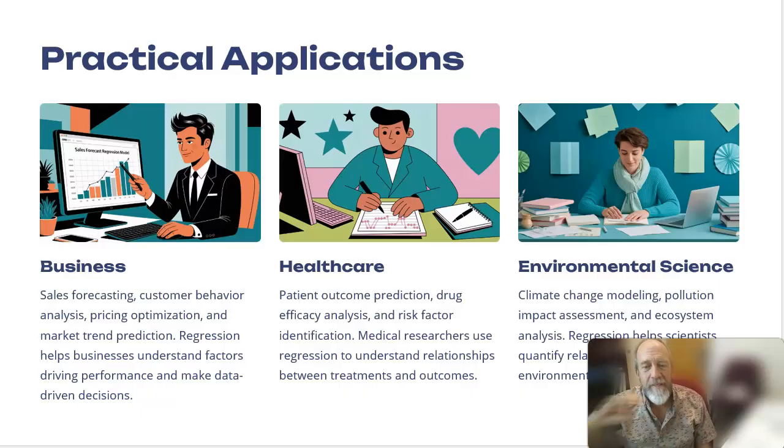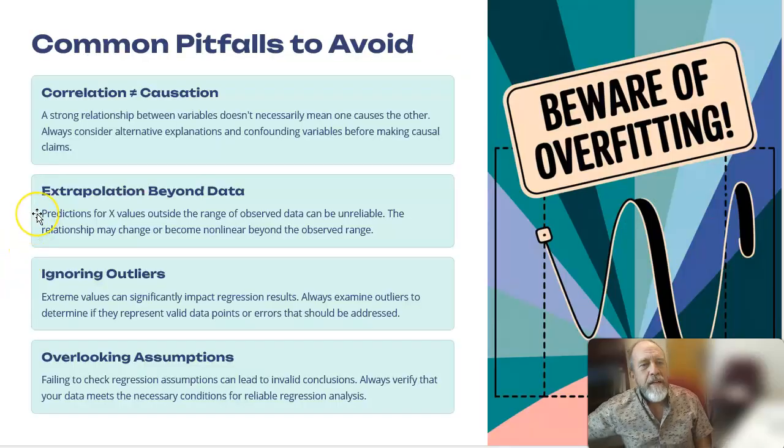And even without causation, identifying a relationship can still be valuable. So don't just say, oh, well, that couldn't have caused that. This relationship means nothing. So right there, correlation is the thing you look at. Okay, it doesn't mean that one causes the other.